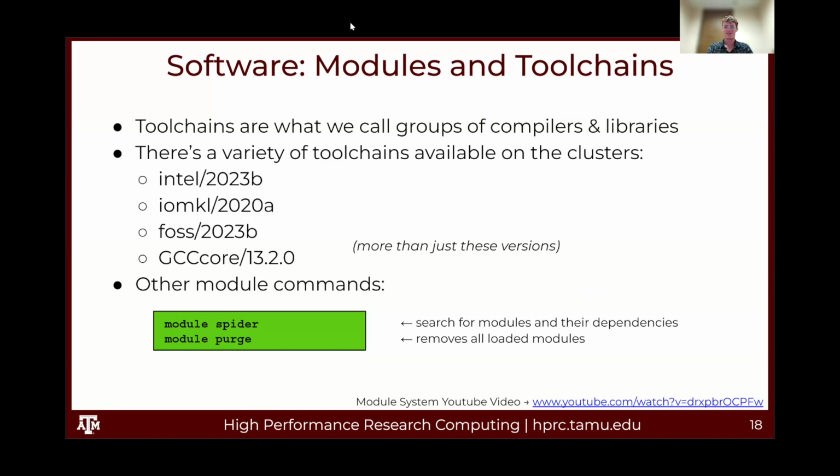Correct me if I'm wrong. And yeah, it makes it a lot easier. There's a couple modules that come with it, so you don't need to worry about what goes with what. Here's some other module commands. There's module spider and module purge.